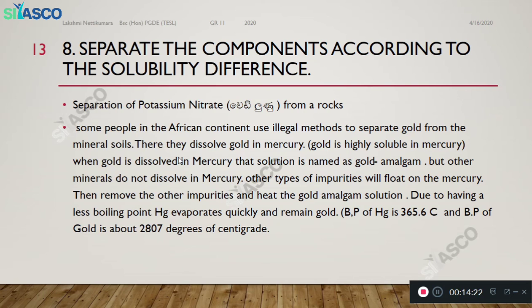So think about how smart our ancient ancestors were. So they used this method. That means they had that knowledge even at that ancient time. The concept behind this separation is the solubility difference of different components.